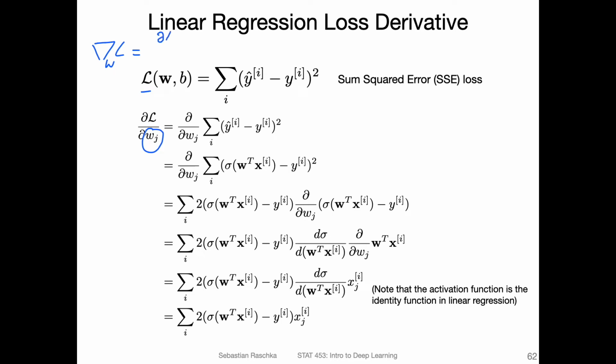So we would have the partial derivative of the loss with respect to W1, W2, up to Wm. So that would be a vector. Here we are only taking a look at one of these, let's call that Wj, some arbitrary entry in this gradient vector.